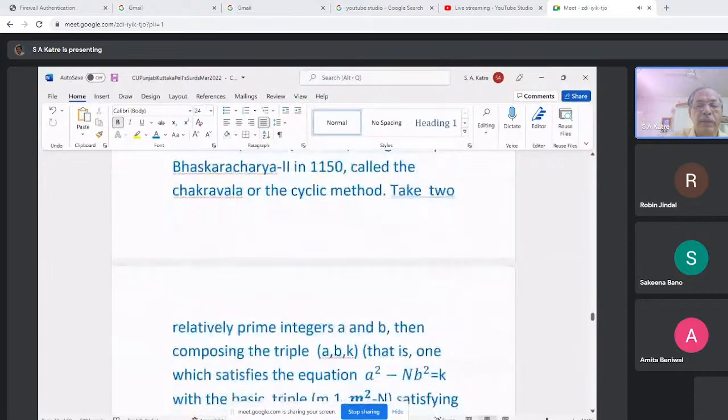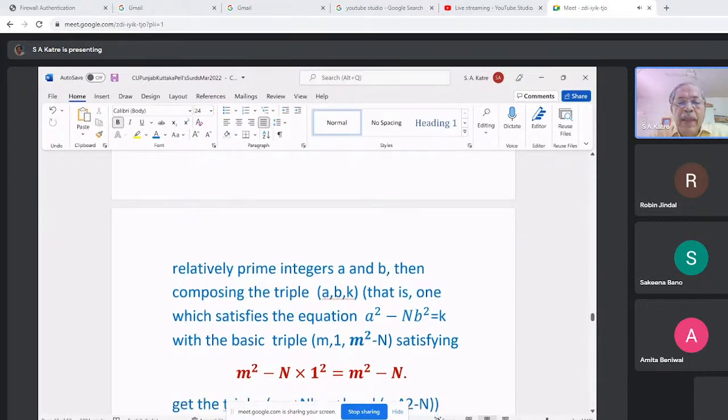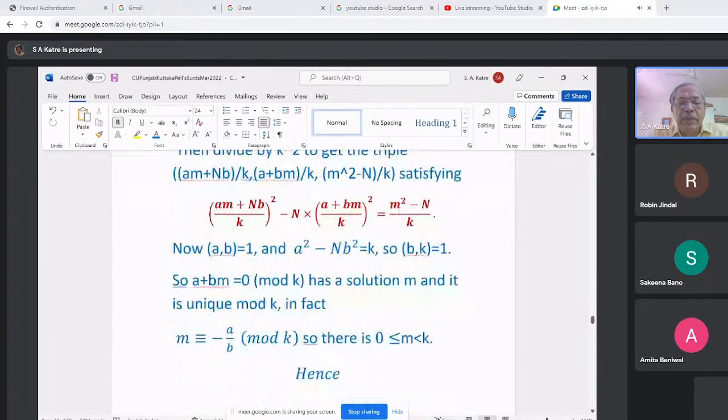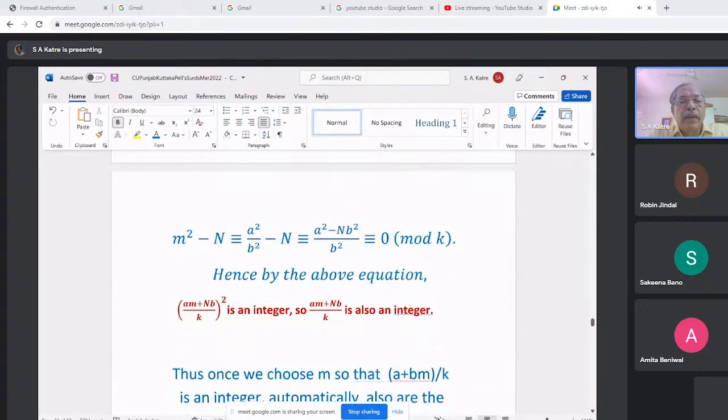We have taken at the beginning A, B, K, that is a triplet. That means a square minus n b square is exactly k. That means it is divisible by k, and that is 0 mod k, because the numerator is divisible by k.